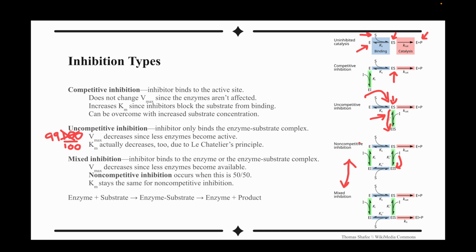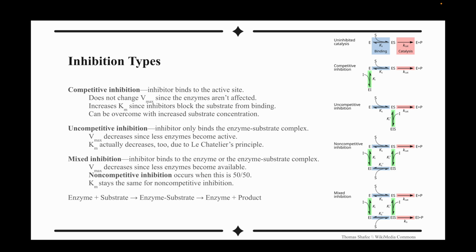If we think about Le Chatelier's principle again, if we're knocking out the ability of the enzyme to undergo the reaction in this direction, and we're also knocking it out in this direction, then we're not driving the reaction to go either to the left or to the right, and so Km will stay the same for that reason.